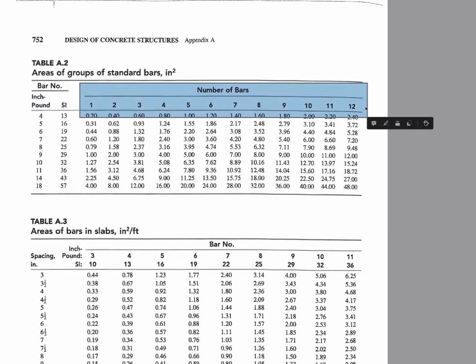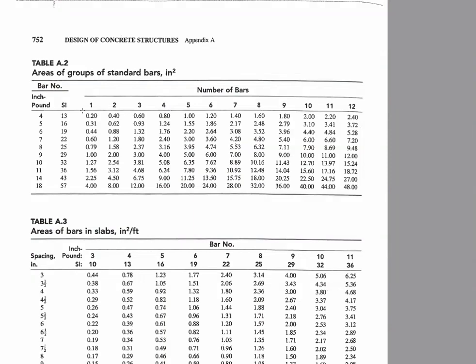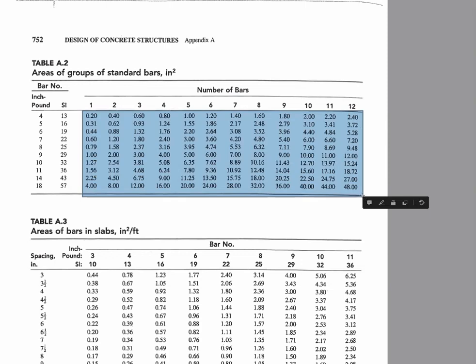We're going to be searching through this table, and that's just the total number of bars. It could be number of bars in a footing. It could be number of bars per linear foot of a footing. There's different ways to be designing this, and we'll look at that a little bit when we get to the example. And therefore, we have small bars and low number of bars off in the left corner, and large bars and high number of bars down in the lower right corner.